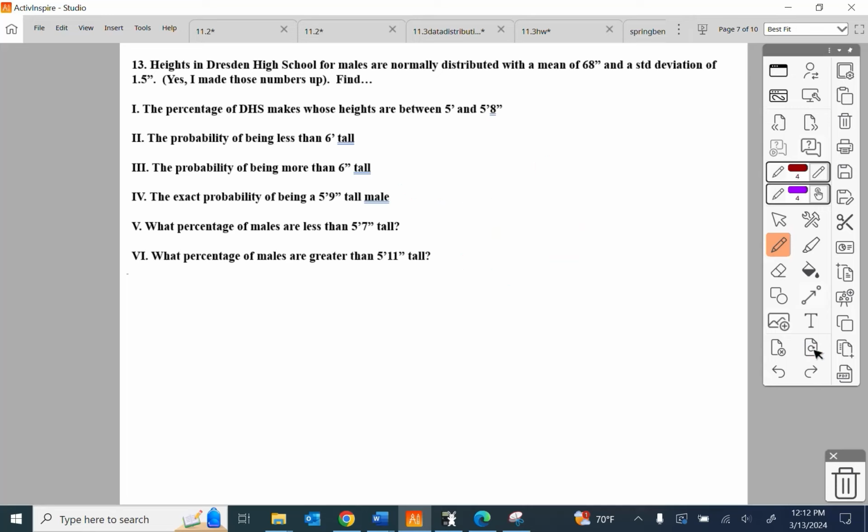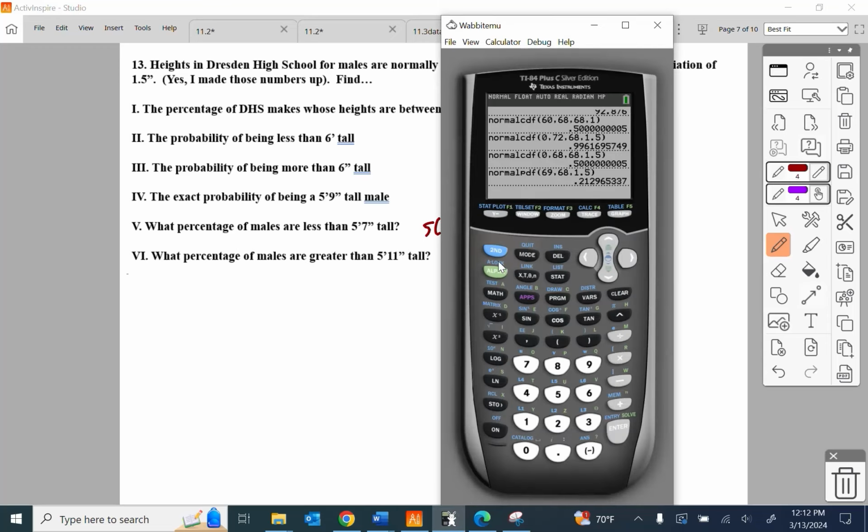What percentage of males are less than 5'7"? Again, 5'7" is 5 times 12 plus 7, which is 67 inches. And if we're talking about less than, this is going to be an upper boundary. And we'll set our lower boundary to be 0. That's going to be a normal cumulative density function. Second VARS is normal cumulative density. Lower boundary of 0.